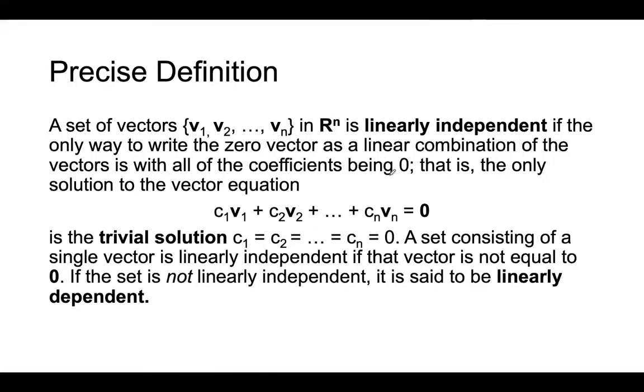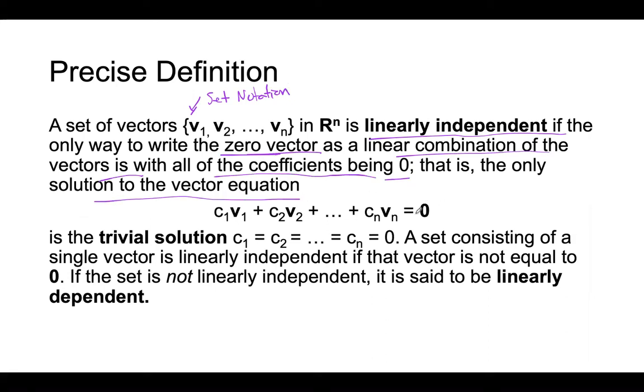So let's make this definition precise. A set of vectors, this is set notation, in Rn is linearly independent if the only way to write the 0 vector as a linear combination of the other vectors is with all the coefficients being 0. That is the only solution to this vector equation.